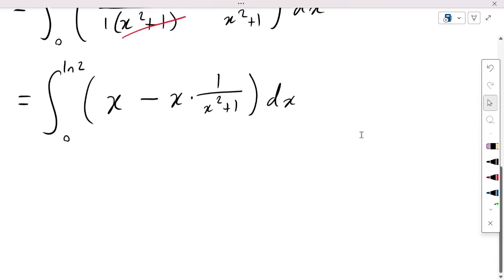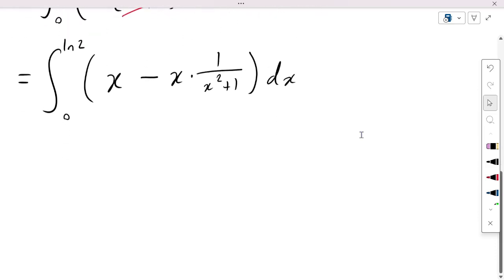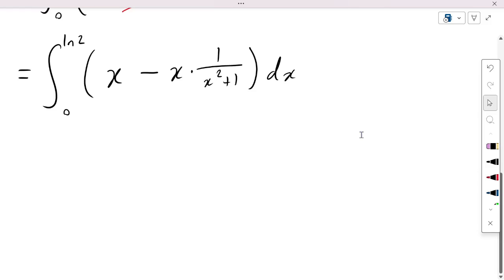Okay, here we are. So now that we are over here, what do we note? We have x as a common factor as well. Okay, so this is what we don't have to take out x as a common factor. This is why, because over here we can actually just take the integral into these two terms, because what do you note?